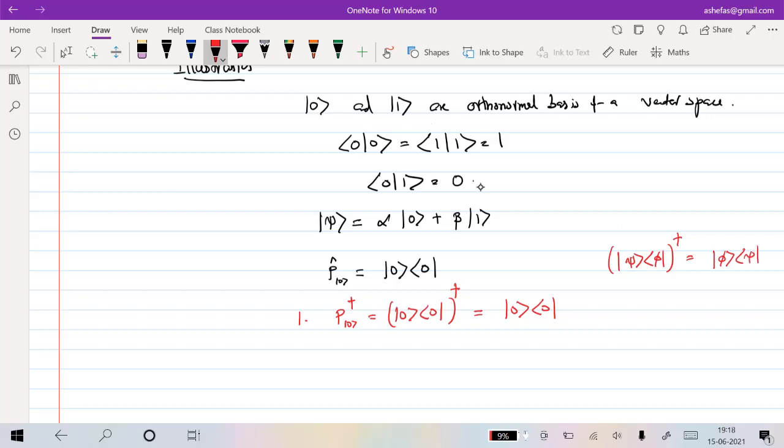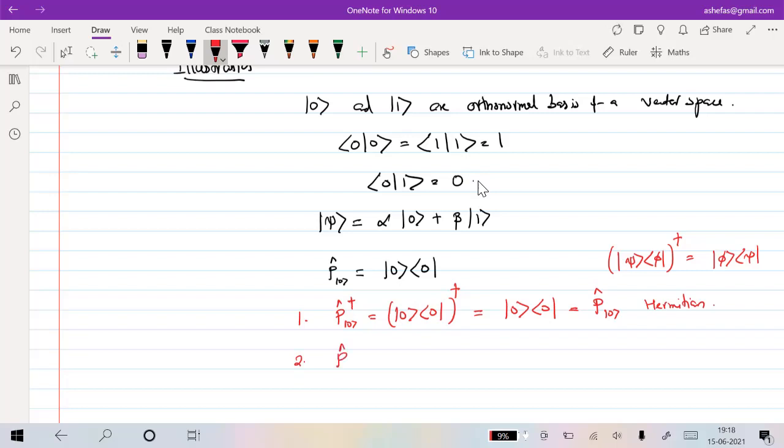The order would be changed, but here it is the same vector: one is ket 0, the other is bra 0. If you interchange it, you get the same. So this is equal to the projection onto 0. This operator satisfies the condition of hermiticity.